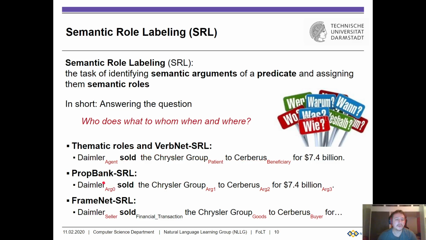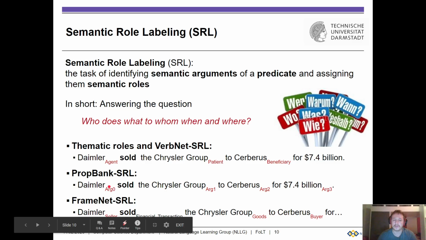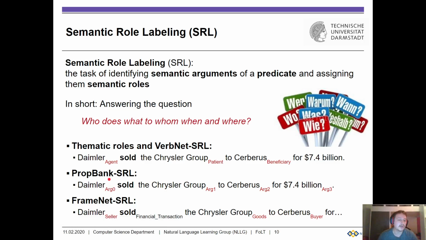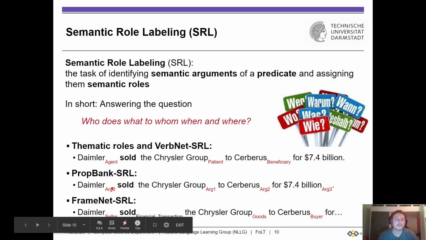In another theory, and this is like a computational theory, PropBank is like a computational implementation of a theory, those arguments may have role names of the form arg0, arg1, arg2, and arg3. And when we go to another framework such as FrameNet, the semantic roles may have names in this particular example sentence of seller, goods, and buyer.